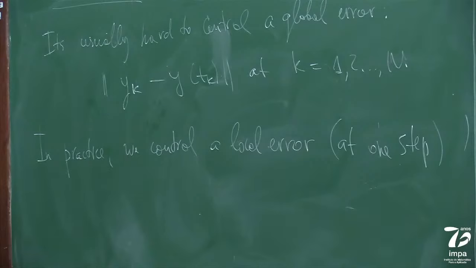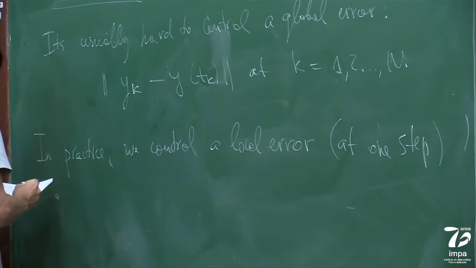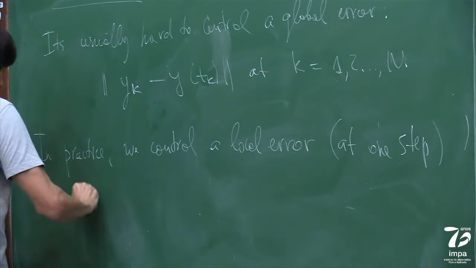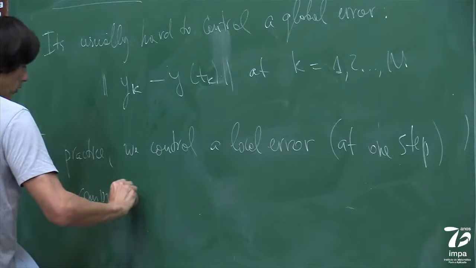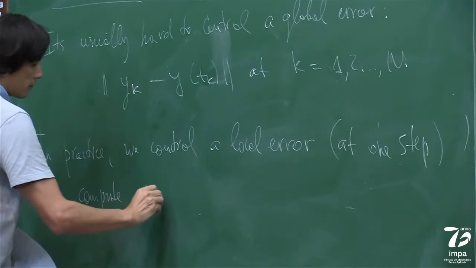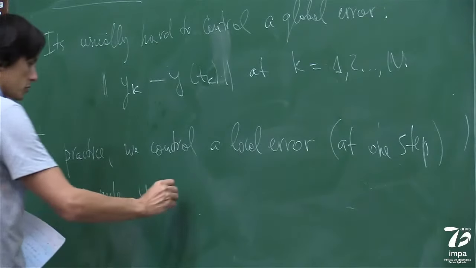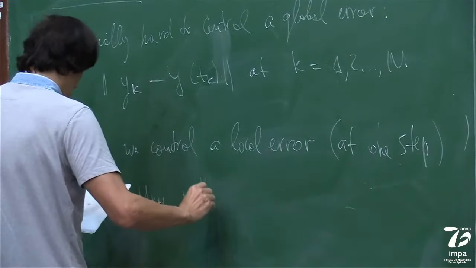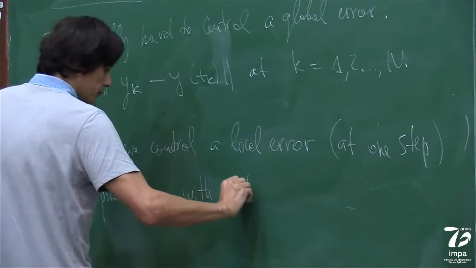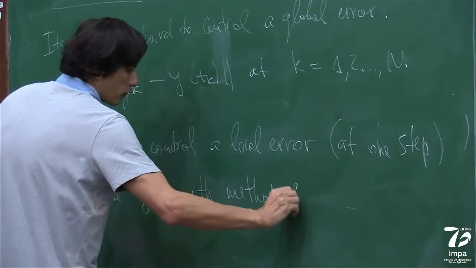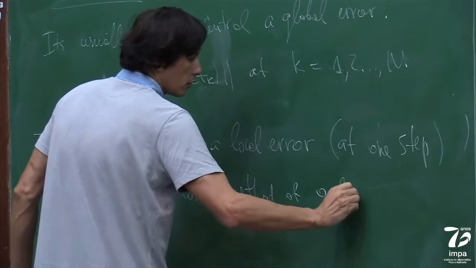So how do you do it? The practical scheme is that you do it in 2 steps. First you compute, so one step means between k and k plus 1, so compute the next approximation with a method of order p.